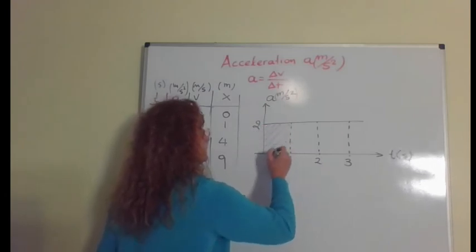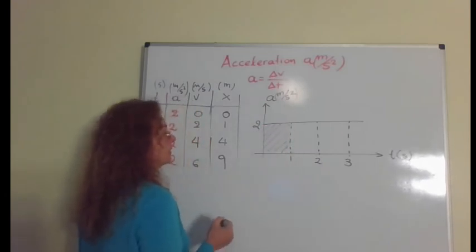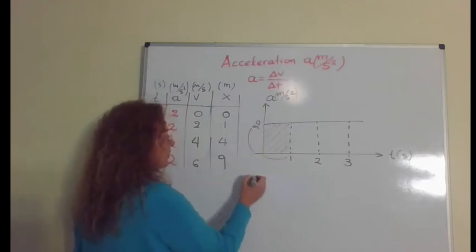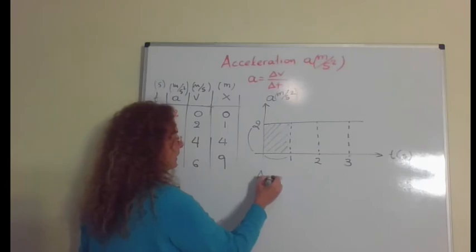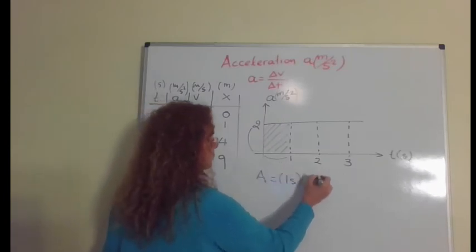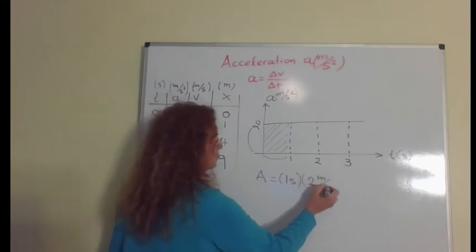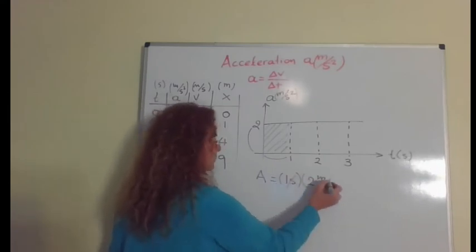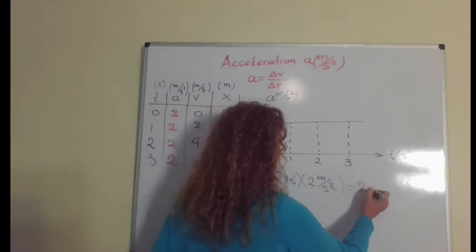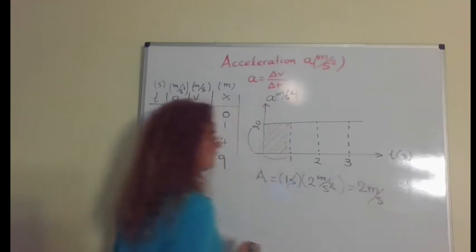This area, for example. How much is that area? It's base times height, so the area is 1 second times 2 meters per second squared. Getting rid of the square with a second, we find 2 meters per second.